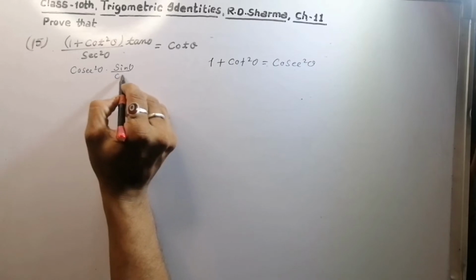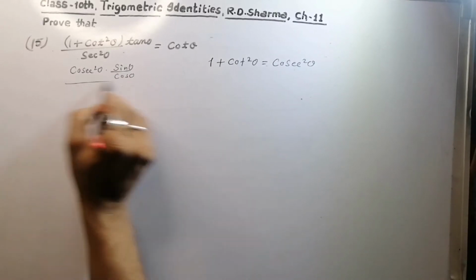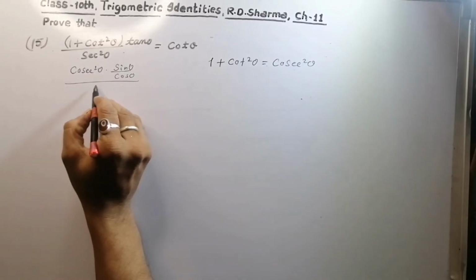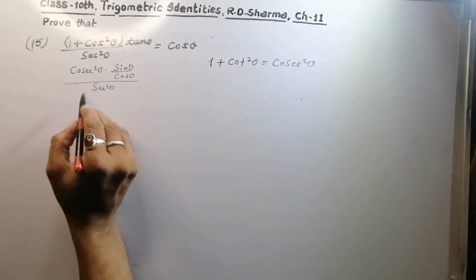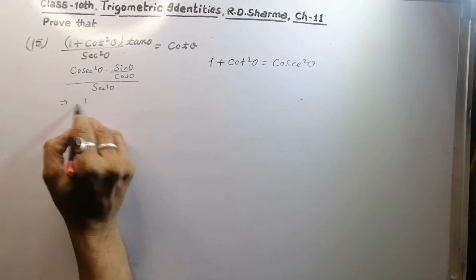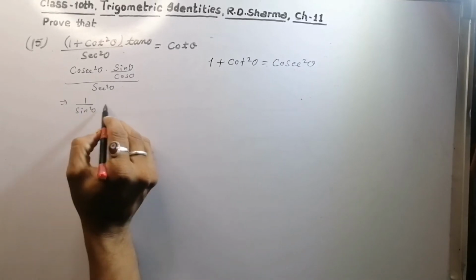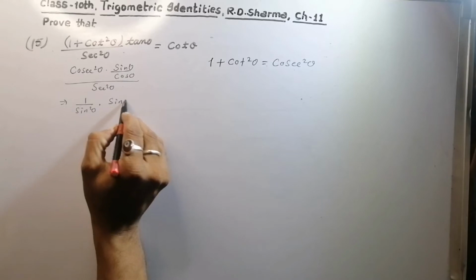So we can write here cosec square theta into sin theta upon cos theta, upon sec square theta.